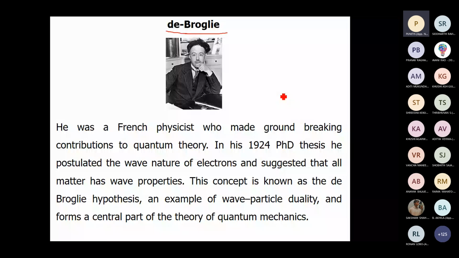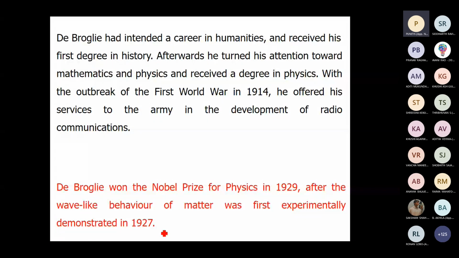We will see later how the wave-like behavior of matter was experimentally shown. Compare the years: his thesis was in 1924, and in 1929, soon after it was demonstrated experimentally, he was awarded the Nobel Prize.